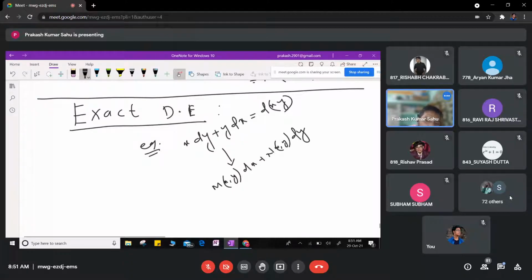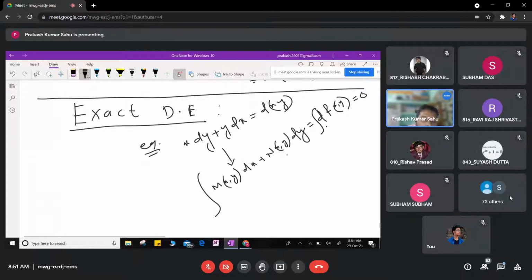If you write this first order differential equation in terms of a derivative of some function which is equal to 0, then you can easily integrate it. If M dx plus N dy is equal to the derivative of some function, and you integrate both sides, then derivative and integration cancel out, and you get the function of xy equal to c. So this is the solution. Understood or not?